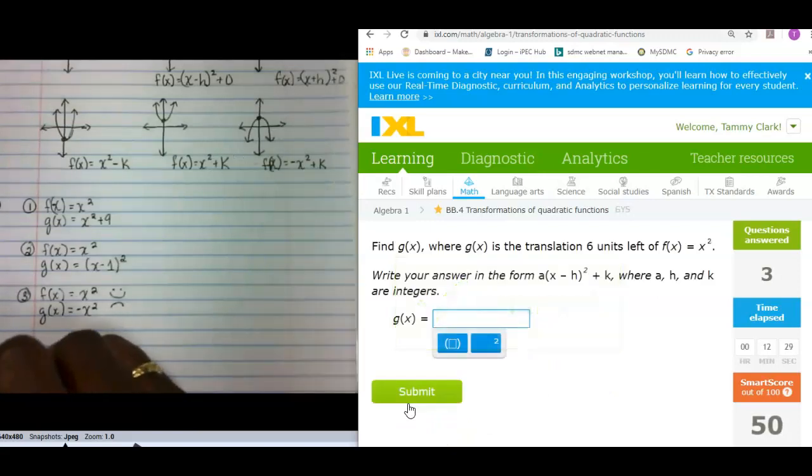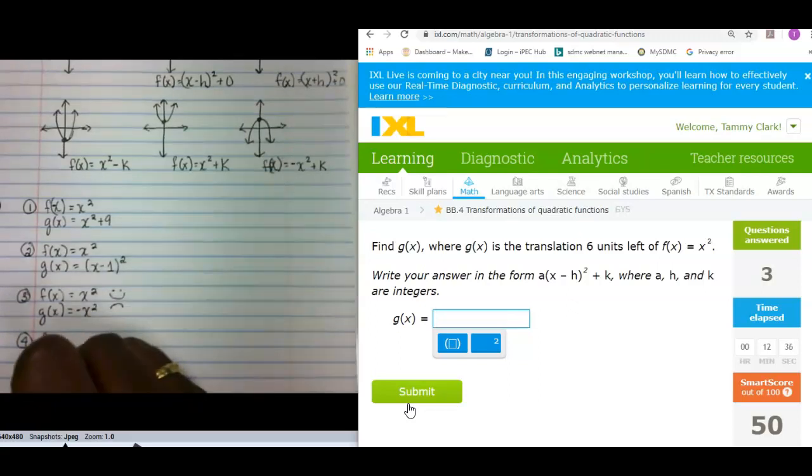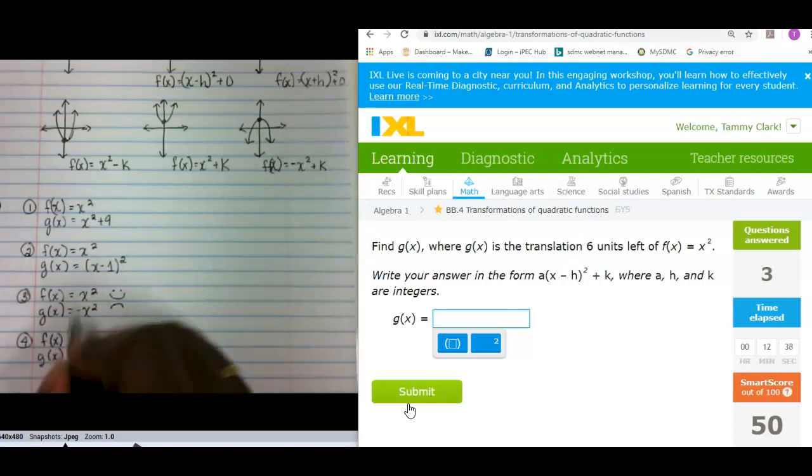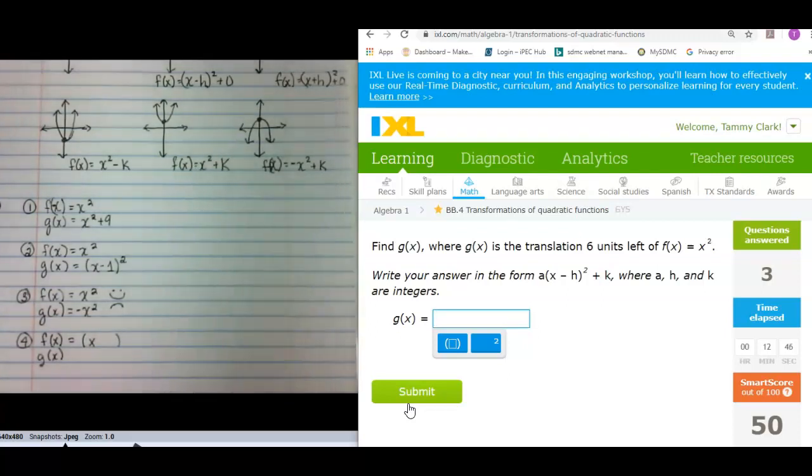All right, let's look at number 4. Find g of x, where g of x is a translation of f of x 6 units left. Left or right movement is always on the x-axis, so I'm going to put my x here, and it said it moved 6 units left. So I think to myself, what do I have to do to get it back to the origin? I have to move 6 units to the right. What type of function is this?